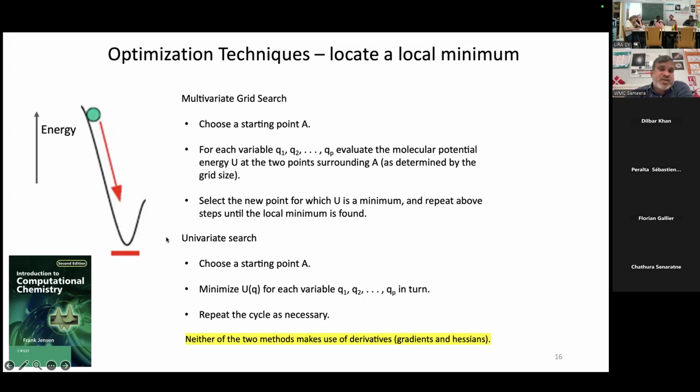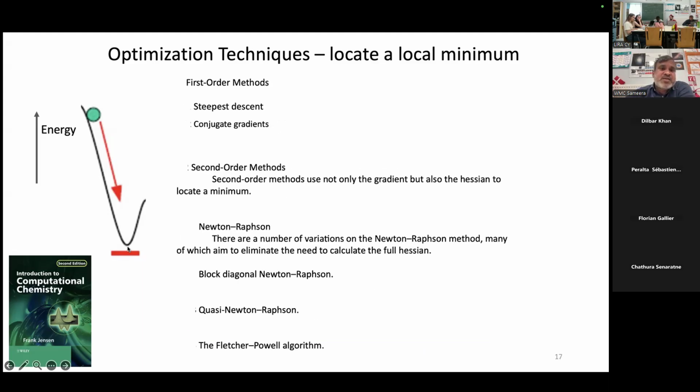These algorithms have different approaches. In some algorithms they only use energy, and using the energy they try to push the molecule towards the minimum. In some cases they use the gradient of the energy. You can compute the energy and you can get the gradient. Using energy and gradient, you can efficiently push the molecule towards the local minimum. In some cases, they use the Hessian, which is the second derivative.